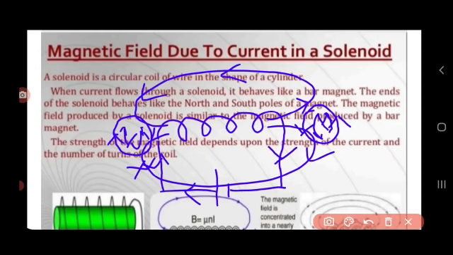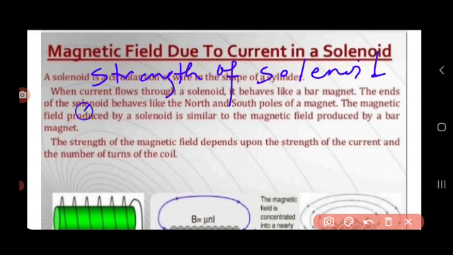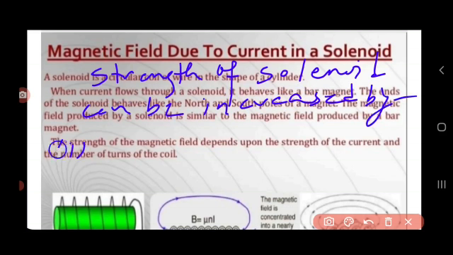One, by increasing the number of turns of the coil, and second, by increasing the magnitude of current. So the strength of a solenoid may be increased by increasing the number of turns of the coil and by increasing the magnitude of current. Let us explain it.